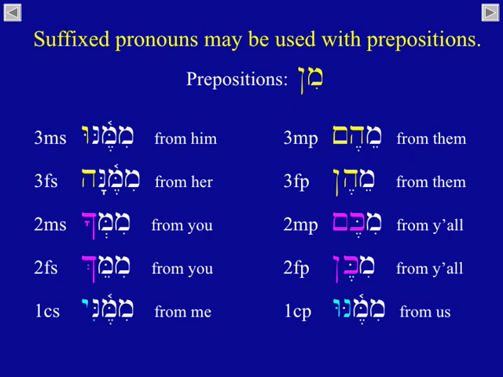What about the preposition min? Well, something similar pertains. Again, let's start with the plural forms. And for a while, things seem perfectly normal. Mayhem, from them. The may is clearly the preposition min, but with the noon trying to assimilate into the guttural hey, not being able to, and so you have compensatory lengthening of the hirek, from min to may.